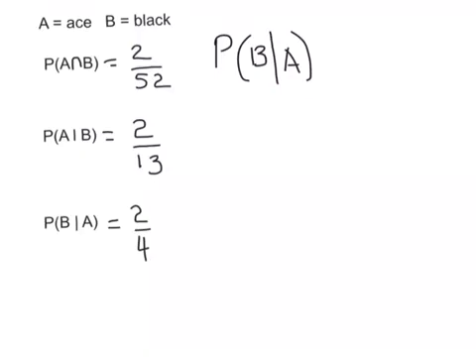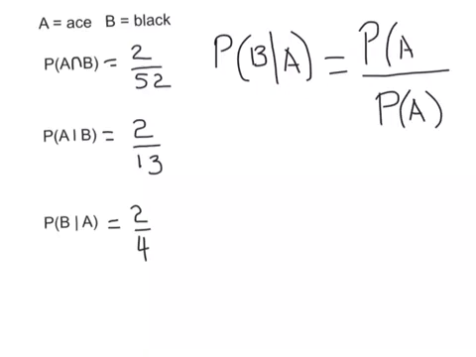So the way that we come up with that is we say, well, let's just take a look at the probability that it's an ace. Okay, we're going to take the probability that it is an ace and it's black, like that.